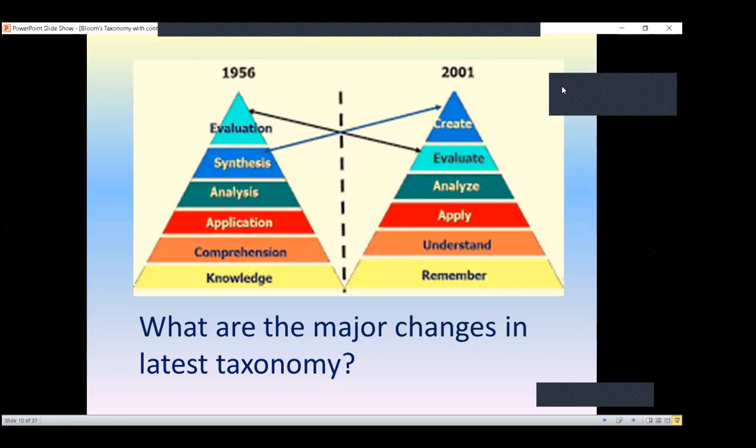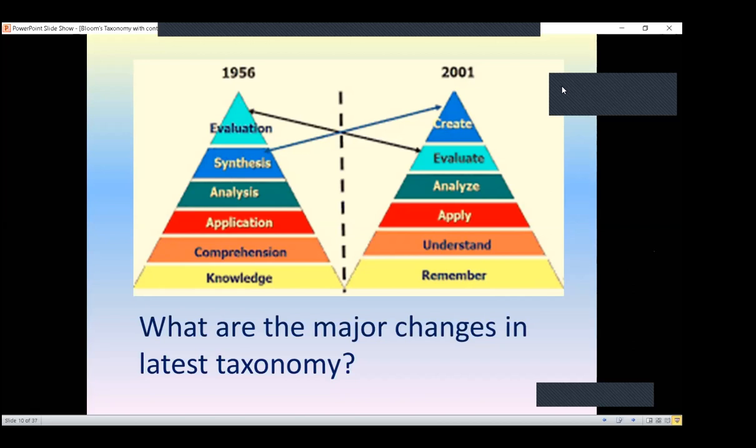Then in 2001 he revised this taxonomy and gave the levels these names: remember, understand, apply, analyze, evaluate, and create. Create is at the apex, as you can see.